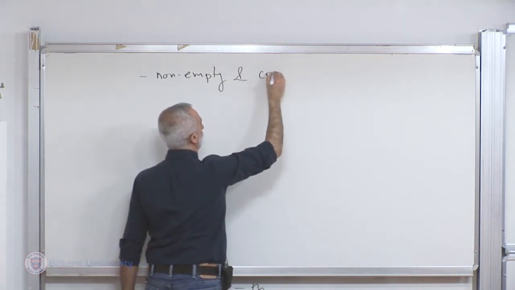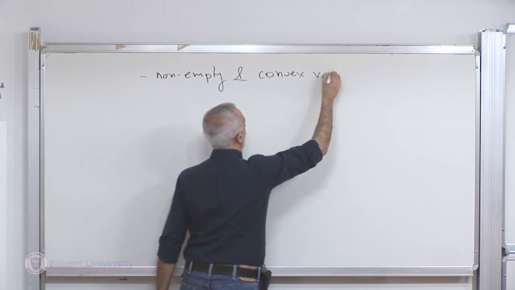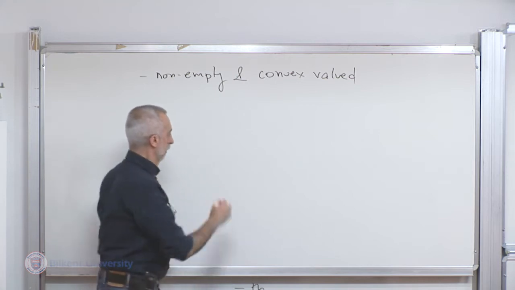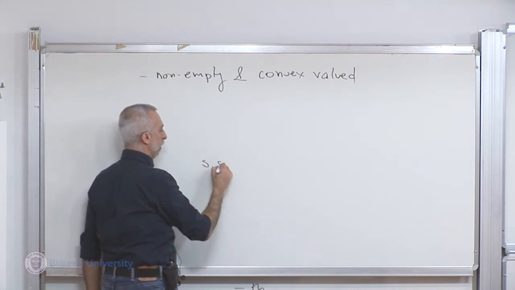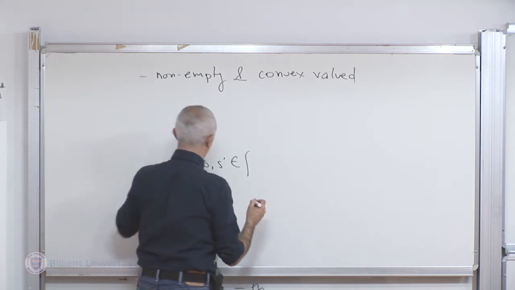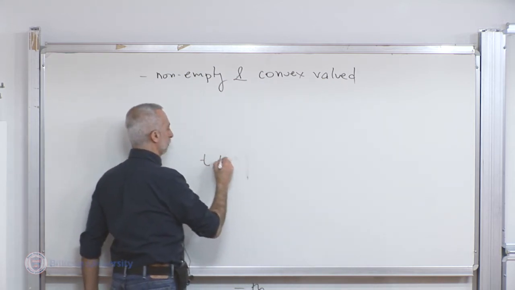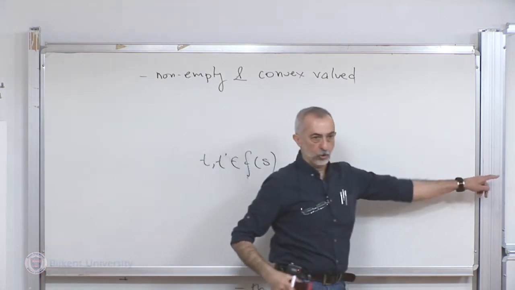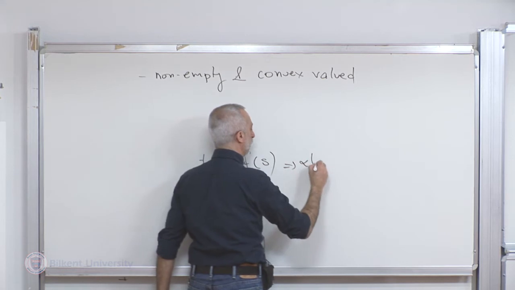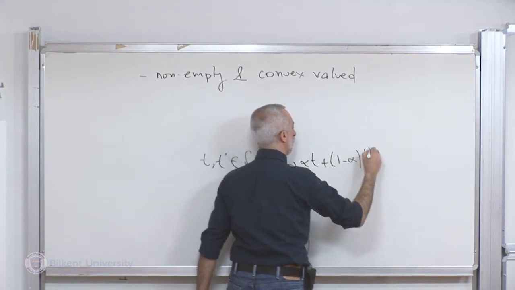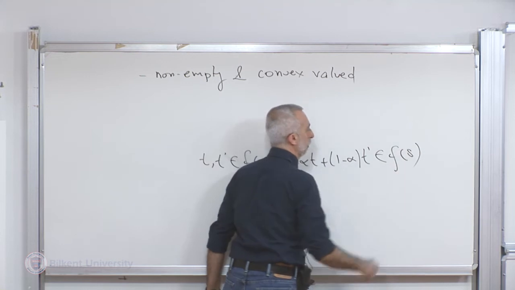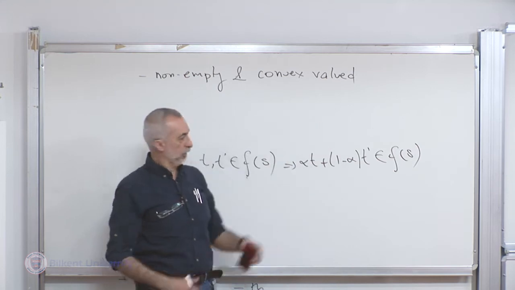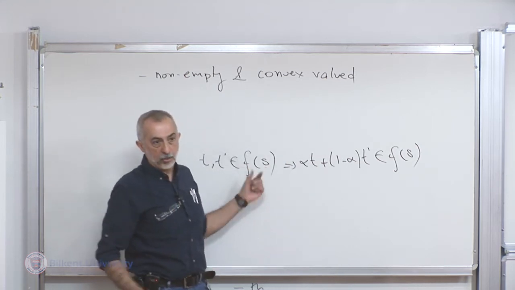Convex valued. So if T and T prime are elements of f of S for some S in the domain, then alpha T plus 1 minus alpha T prime is also an element of f of S. We want it to be convex valued. For every S, f of S is a convex set.